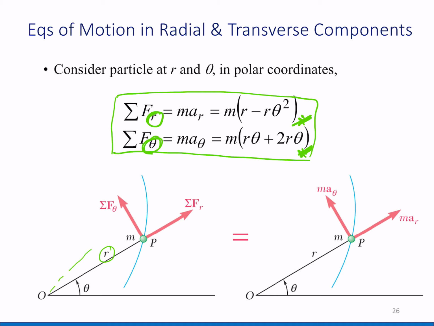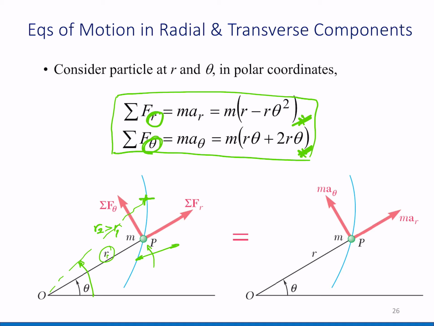If you are at this point, your R will become bigger than R1. You have movement in the radial direction and in angle, meaning you are not only changing the angle, but also the length.